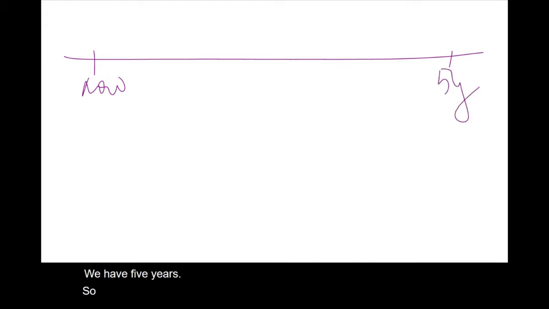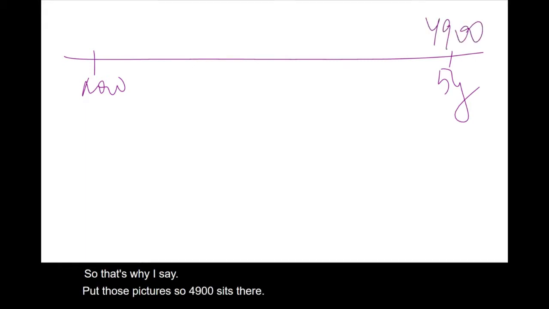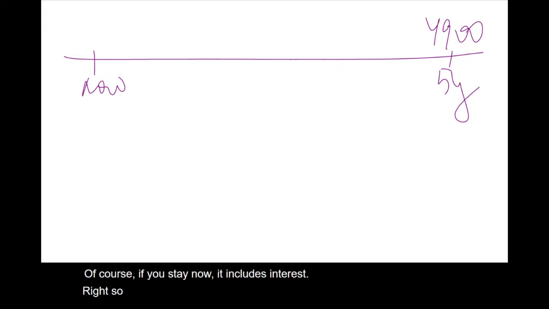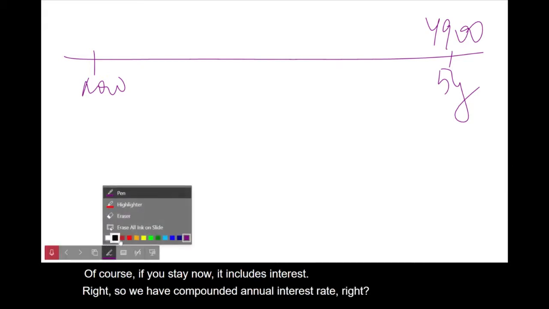So that's why I say put those pictures. So 4900 sits there. Of course, if you stay now, it includes interest, right? So we have compounded annual interest rate, right? Let me color code it.